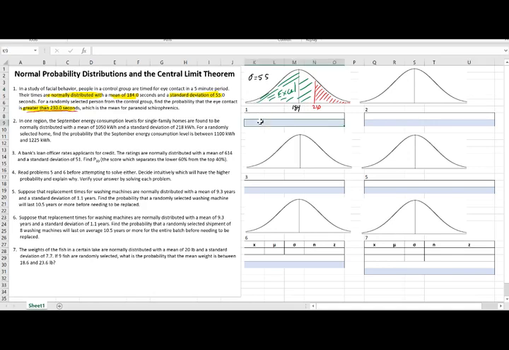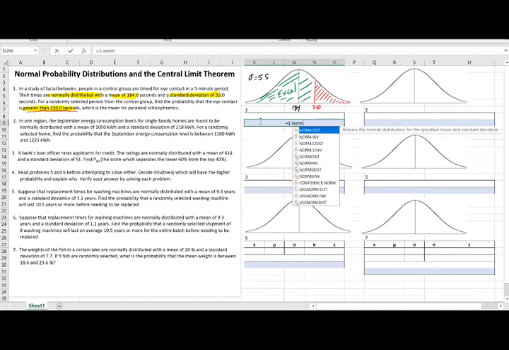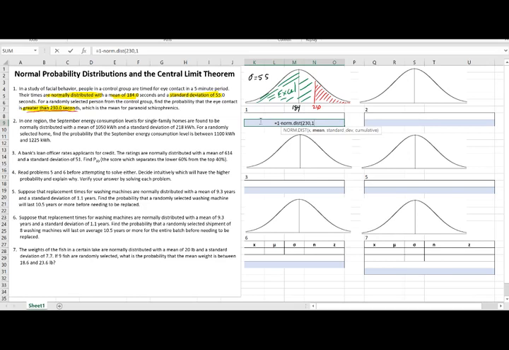Okay, so let's use Excel to calculate that. We start with an equal sign, 1 minus, and it's the normal distribution function in Excel that will give us the area, norm.dist. Excel is asking us for the x value, which is 230, the mean, which is 184, the standard deviation, which is 55, and then that last question, cumulative, yes or no. With continuous distributions, it's always yes, and 1 means yes.